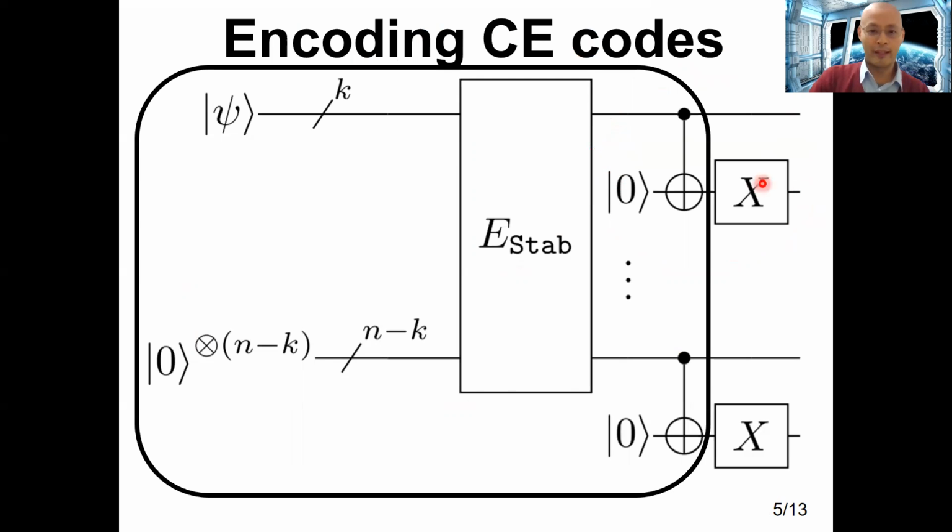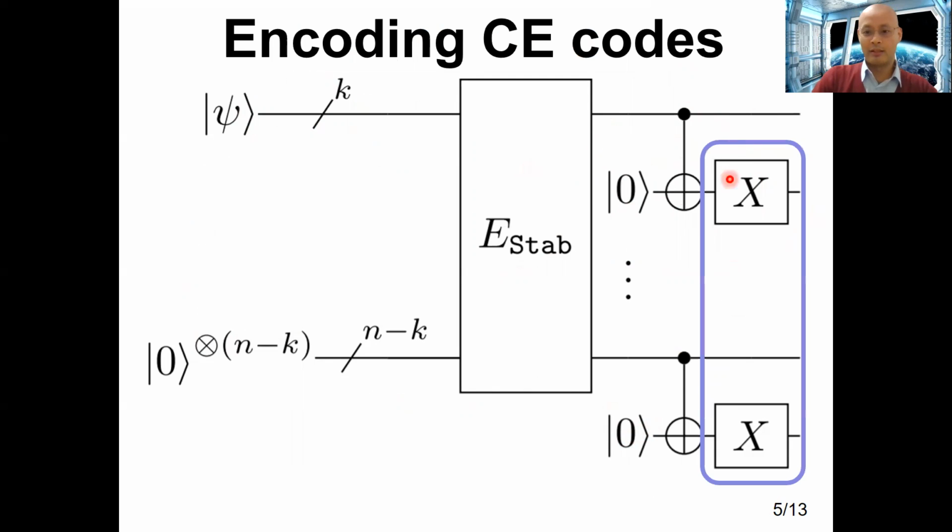However, you can also think about this concatenated code as the following. First, you concatenate a stabilizer code over here with a bunch of length 2 repetition codes over here. And after you have this concatenated code with a repetition code, you apply these rotations, these Pauli rotations over here.